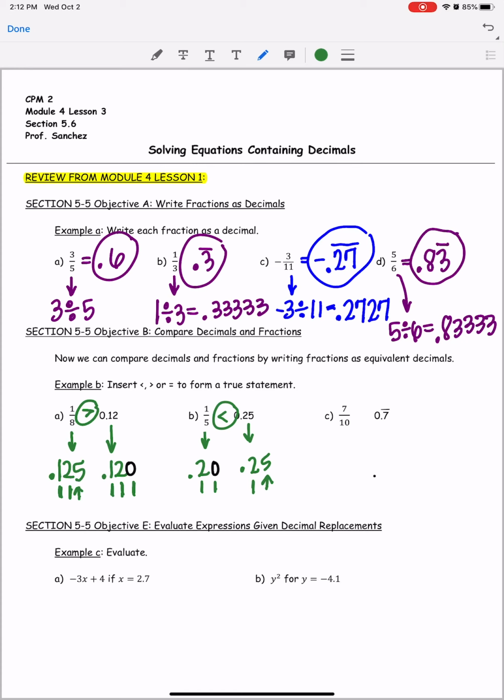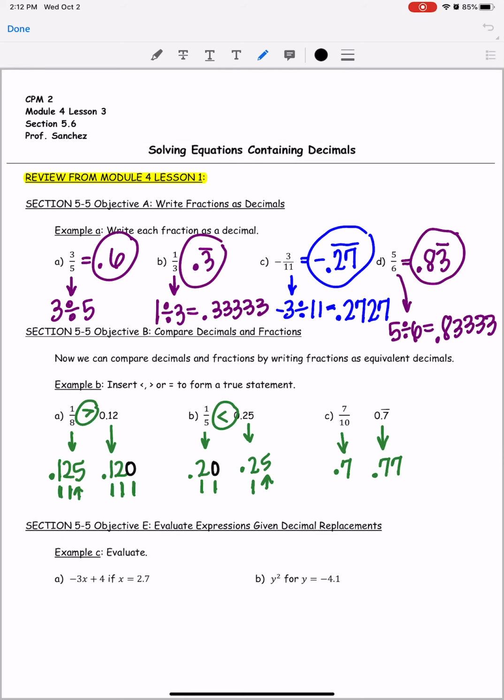Now this one's a tricky one. When you put this in your calculator, you get 0.7. A lot of times when you have something like this, we want to say that these are equal, but they are not equal. That bar means that this keeps repeating forever. So this is 0.77.